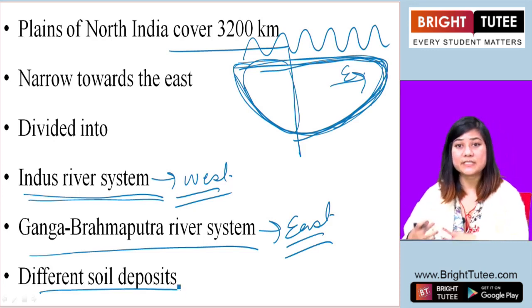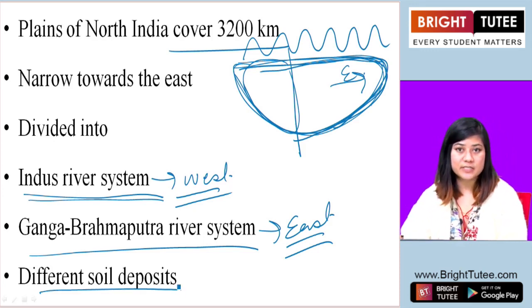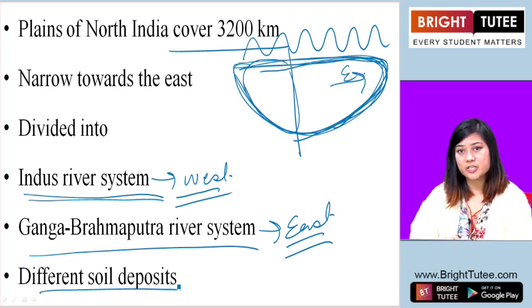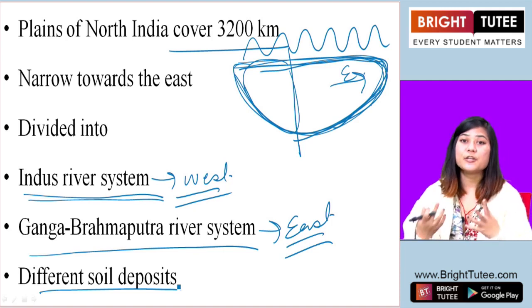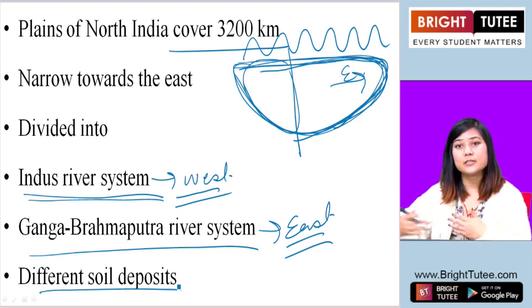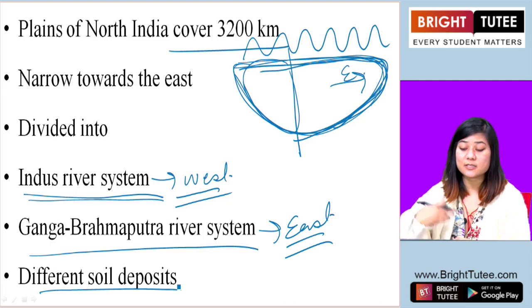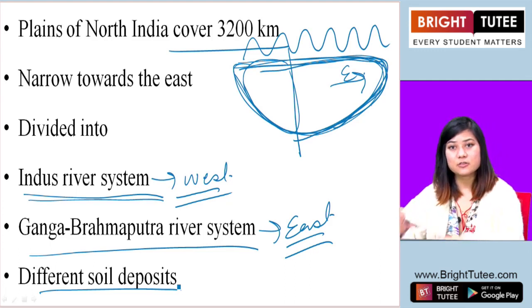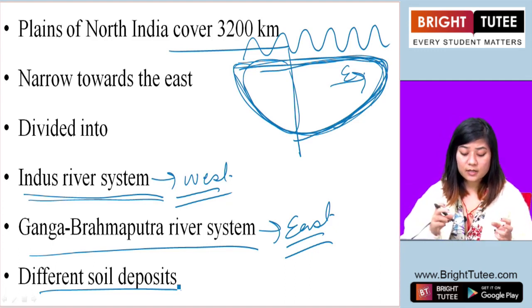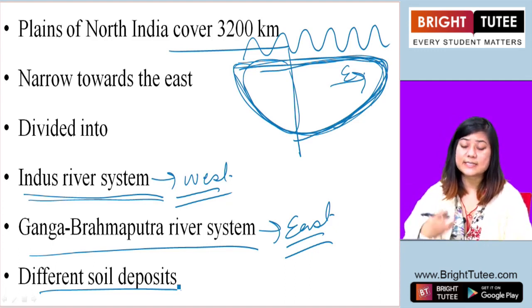They are not of the same type. Some are marshy, some are very hard, some are softer, some are new, some are old, where the deposits have been taking place for many thousands of years. So depending on the soil, the region also is different.